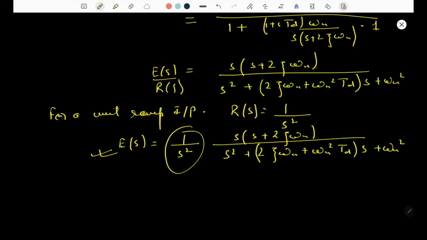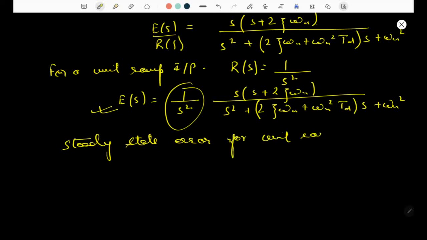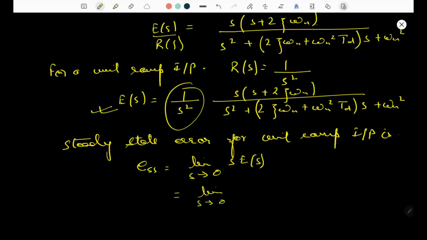All right, so the steady state error, we all know, for a unit ramp input is ess equals limit s tends to 0 of s into E(s).